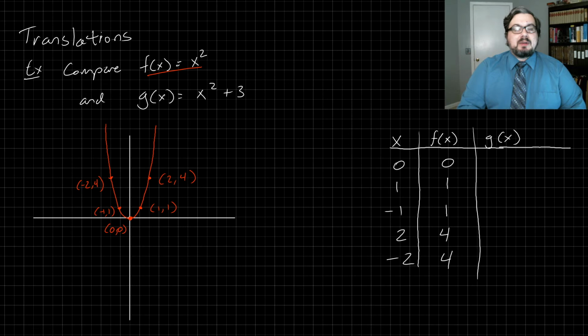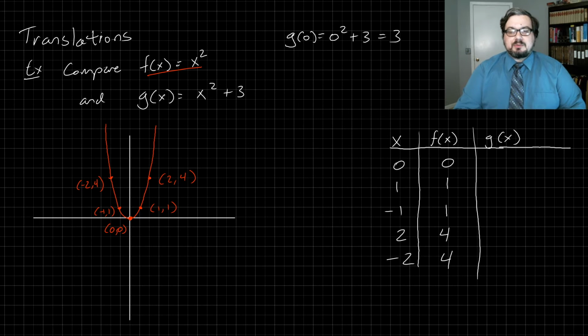Now let's look at what happens when we get g of x, which is x squared plus 3. So we'll do a few of these until we start to see the pattern. So we have that g of 0 is equal to 0 squared plus 3, which is 3. G of 1 is 1 squared plus 3. Now 1 squared is 1. We actually already knew that because that's just the thing that we get out of f, which gives us 4.